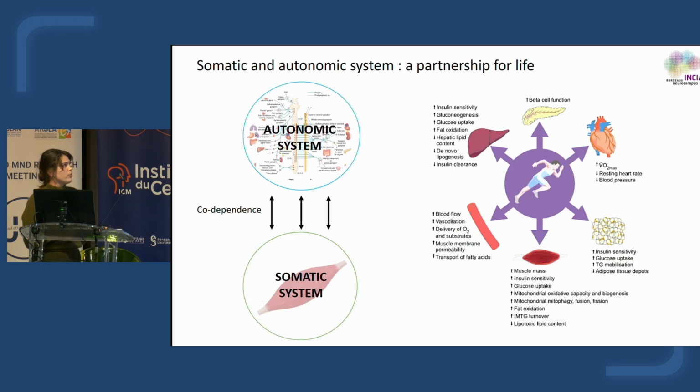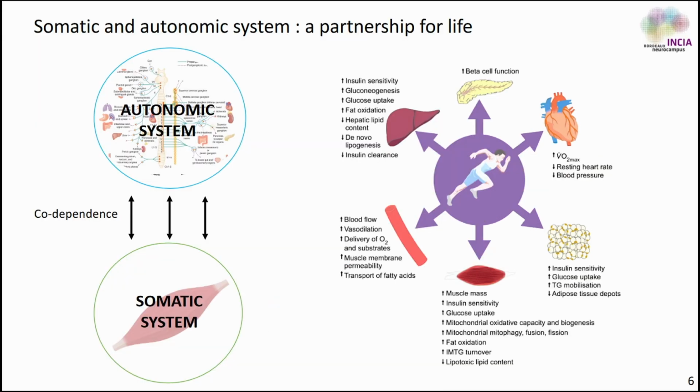And moreover, we know that the autonomic nervous system and the somatic nervous system can't work by themselves, and they depend on each other. For example, when there is a muscular activation, the autonomic system is mobilized to offset the metabolic function.